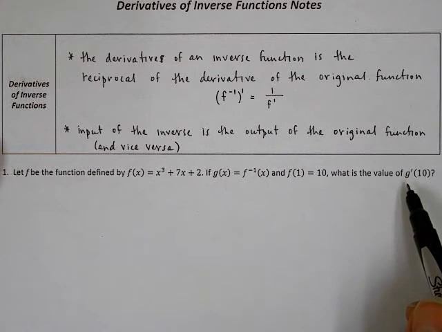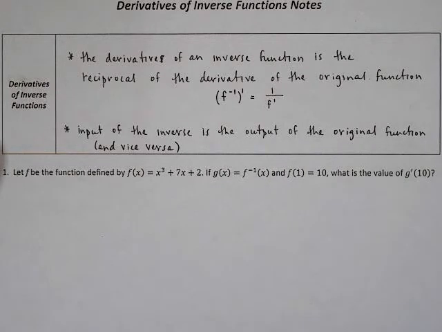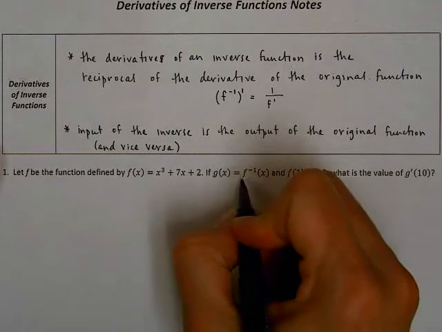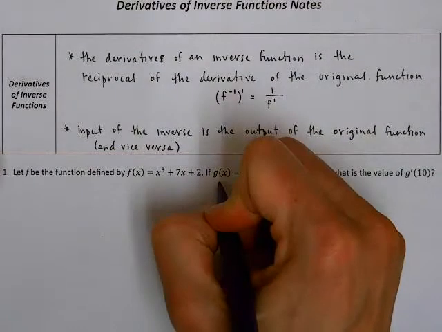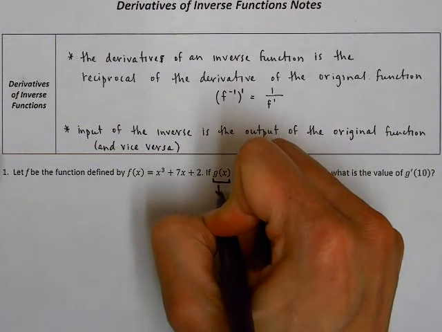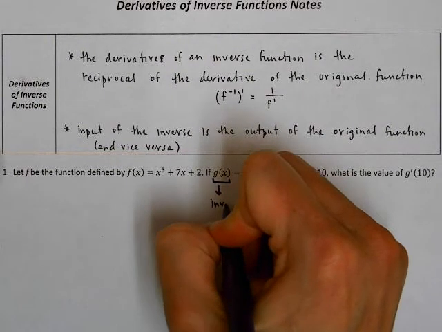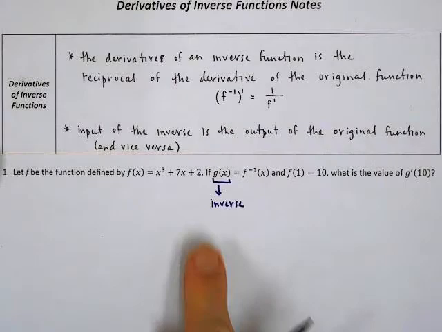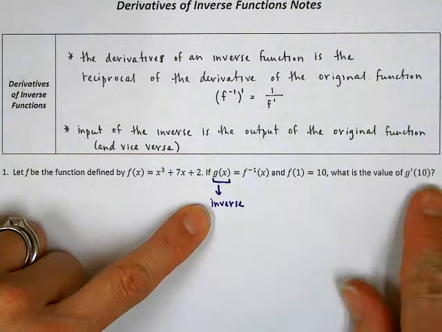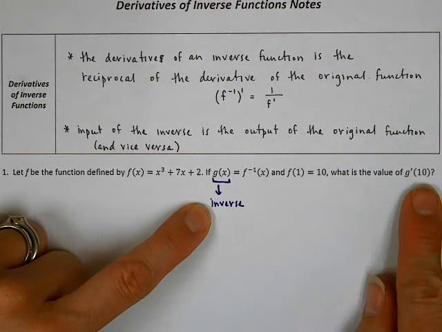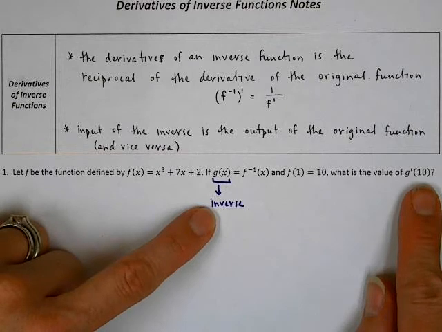Now, when I look at this, I'm trying to figure out where my inverse is. So the first thing I notice is that g of x is f inverse of x. So g of x is my inverse, which makes sense. What I'm asked to find here is the derivative of the inverse because g is my inverse.